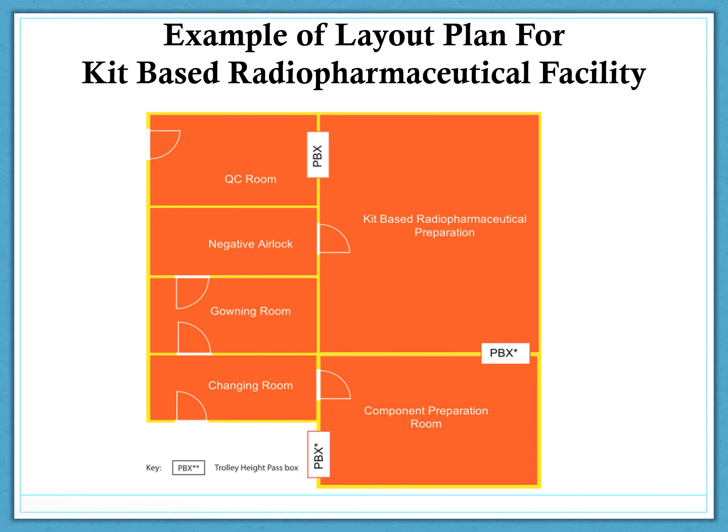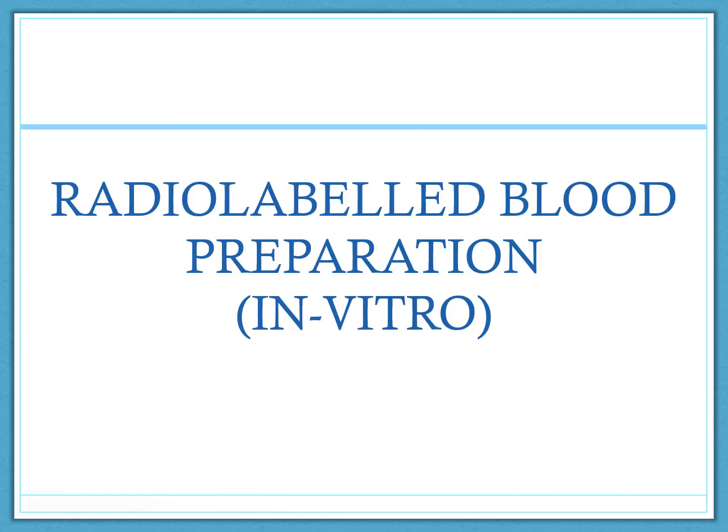Next to it is the QC room, where you can actually test some of the QC samples. And then you've got this component preparation room, which you're going to use for the entrance of the materials that you're going to bring into the clean room.